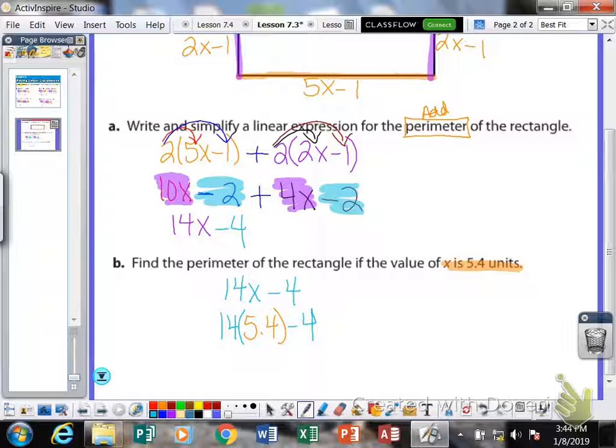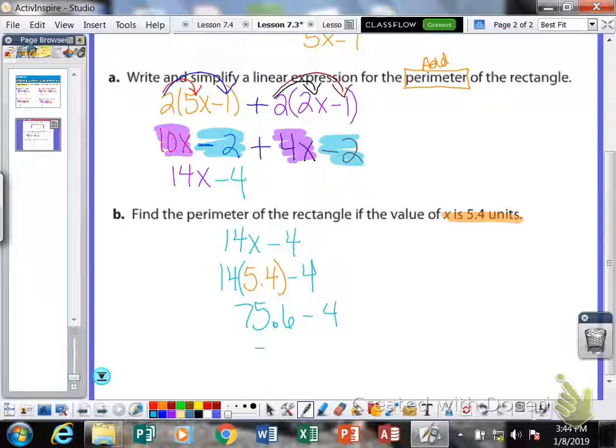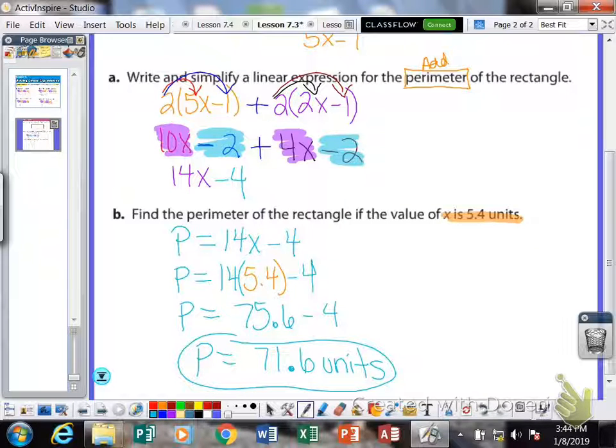When you multiply 14 by 5.4, that is 75.6, minus 4, and 75.6 minus 4 would be 71.6 units. We don't know the unit, so we just say units. So, find the perimeter. Perimeter equals 71.6 units.